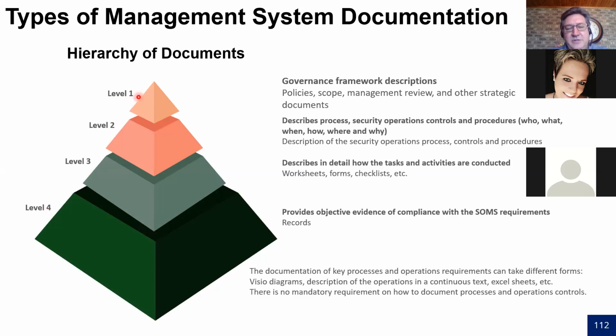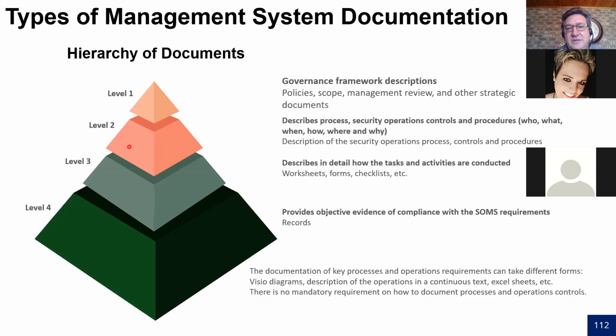So level 1 documents, we as auditors of management systems, we as auditors of any other system are looking at firstly, what is your governance framework description documents? So this is documents to do with your policies, your scope, your management reviews, and any other strategic documents. So this is MOUs, this is service level agreements with your vendors, etc.